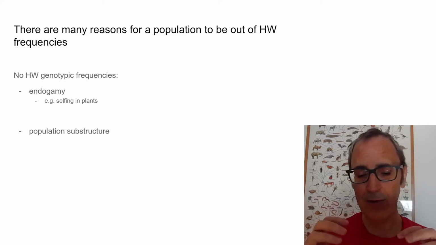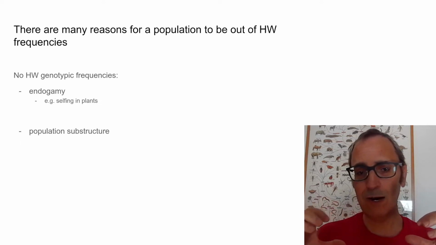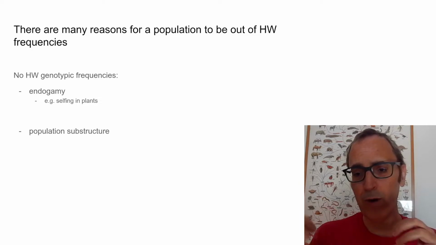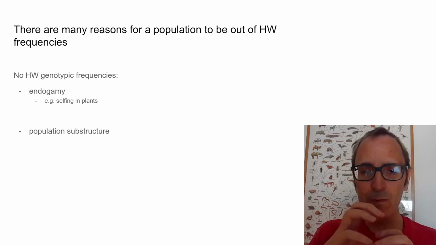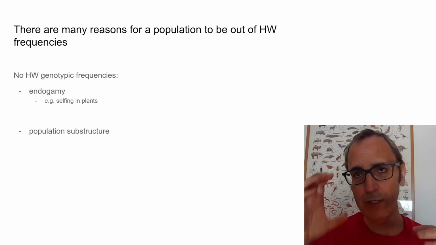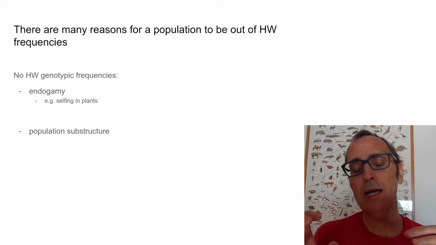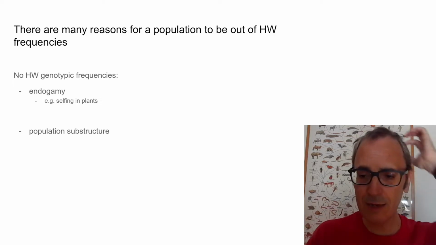So you can have a population that is divided in, for instance, two valleys. And the individuals from one valley and the individuals from the other valley do not mate completely at random, because the individuals in one valley tend to breed more with the individuals in that same valley.